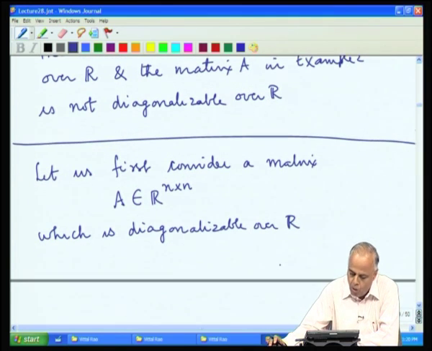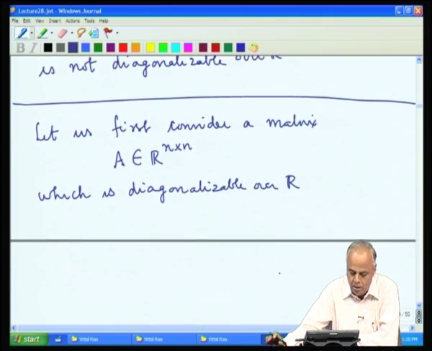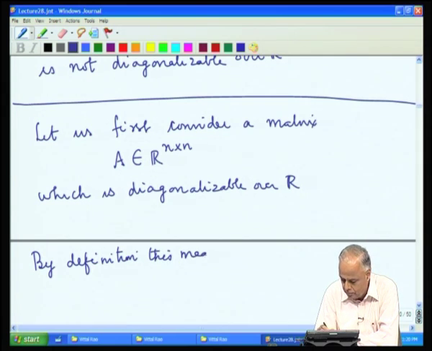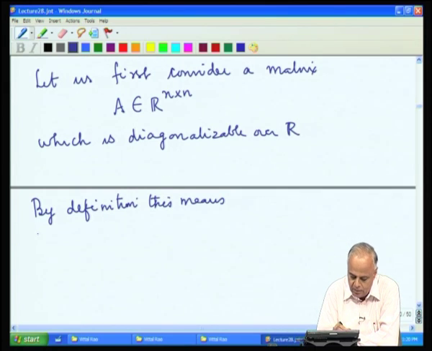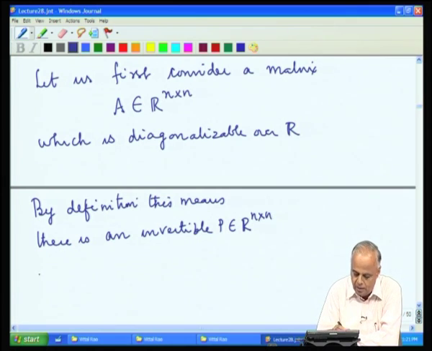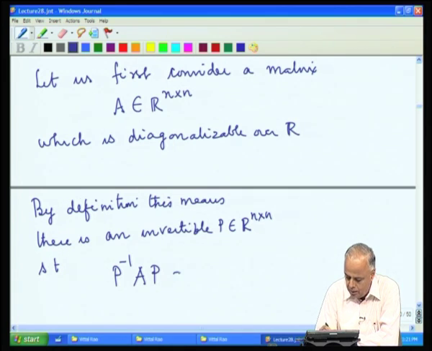Now, what does this mean? By definition, this means there is an invertible P in R n cross n such that P inverse A P is equal to D, a diagonal matrix.